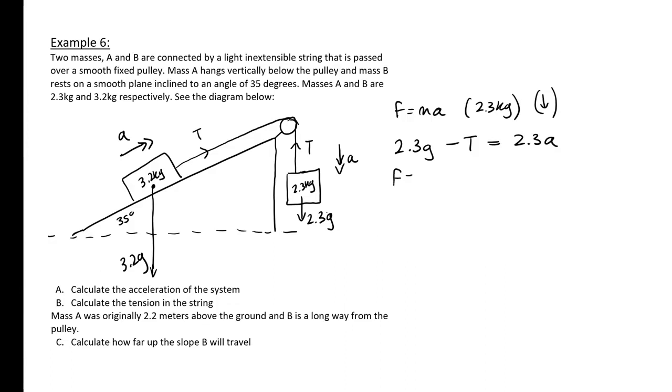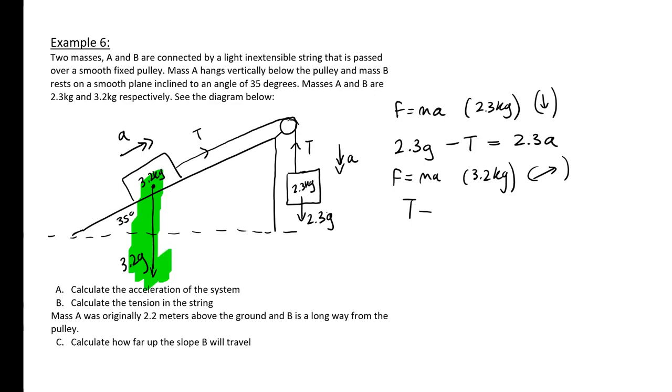Then we apply the same process to the 3.2 kilogram mass. This one accelerates along the slope, so we'll make our positive direction up along the slope. So tension is definitely acting up along the slope. For the next bit, the weight actually acts straight down.